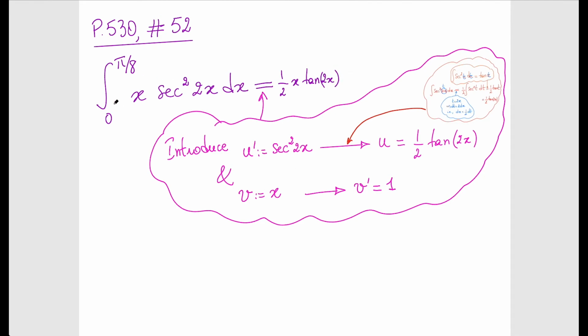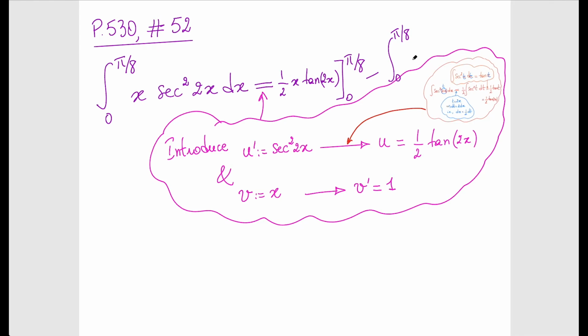And since it's a definite integral, this is going to be evaluated between 0 and pi over 8. Okay. Minus the primitive, sorry, I'm going to write it in an inclined fashion because I don't have room here. So between 0 and pi over 8, because this is a definite integral.